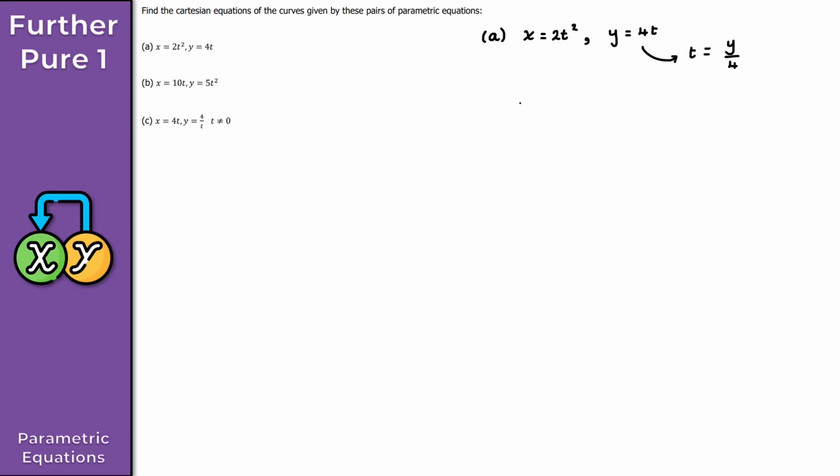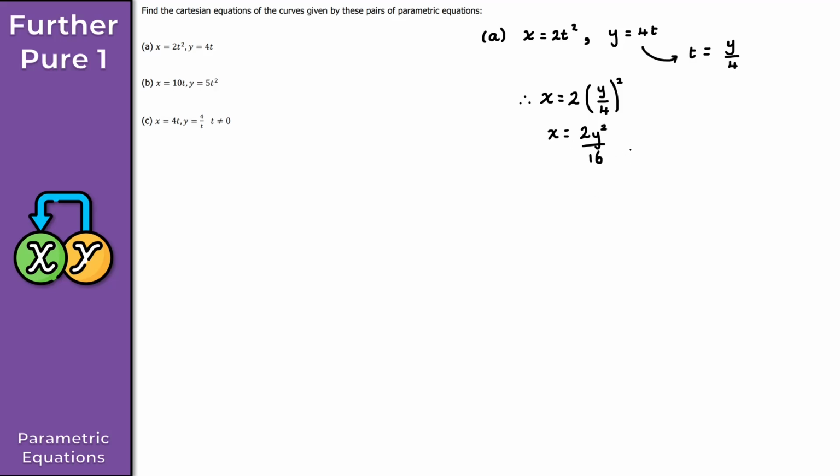So x equals two lots of t squared. t is equal to y over 4, so I get two lots of y over 4, all squared. Well, y over 4 squared would be y squared over 16. So I get 2y squared over 16, and this is for x.